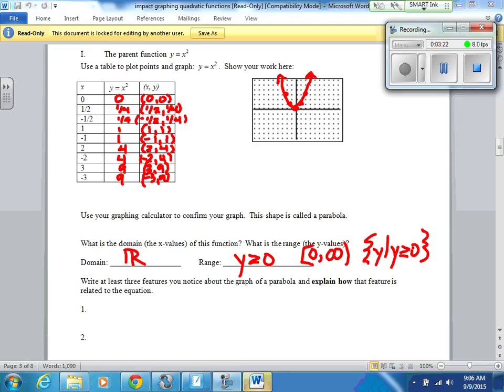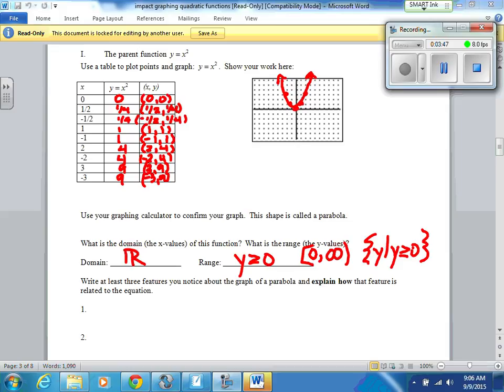Okay, 3 features that you noticed about this graph, and explain how it relates to the equation. So what's one thing that you noticed? It curves up, okay? So it opens up. That's one thing. What's something else that we noticed about it?